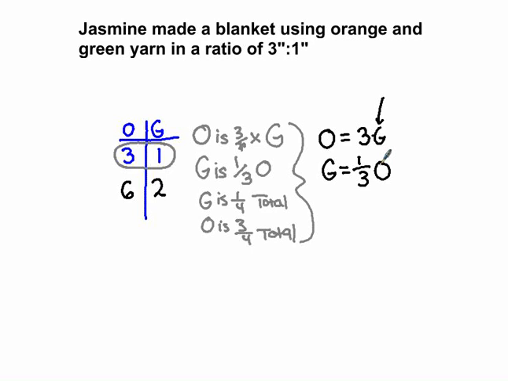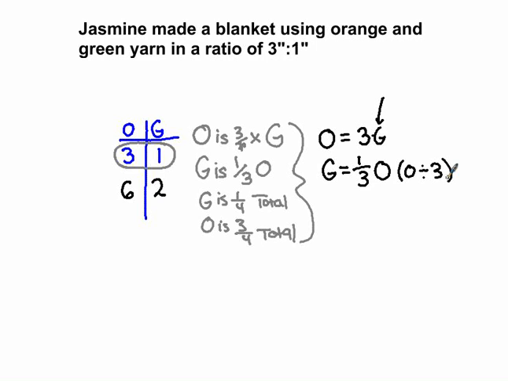I'll put in parentheses orange divided by 3. 1/3 is the same as saying O divided by 3. So green equals 1/3 orange.